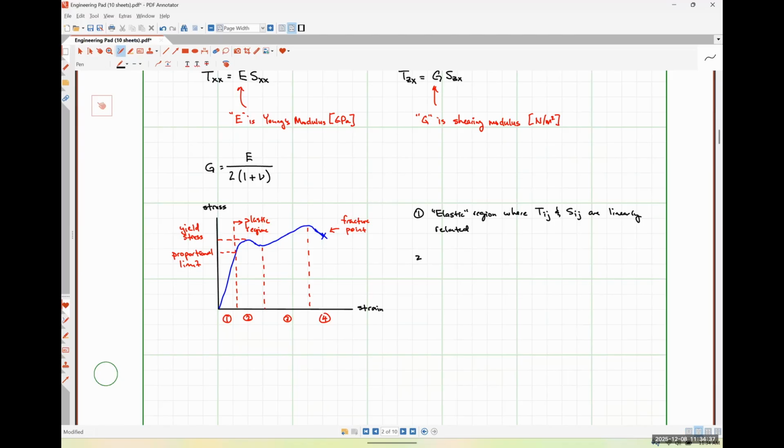Okay. Region 2, actually, let me note here. Does not permanently deform.